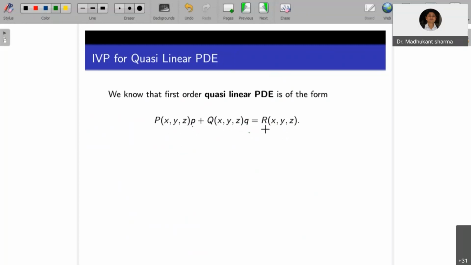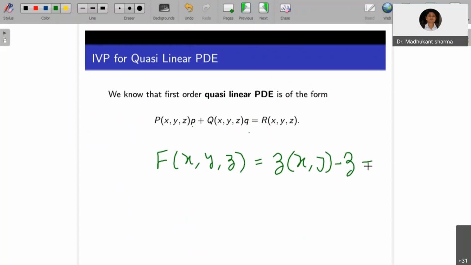Okay. So now first, suppose you have the solution. The solution is an integral surface which is given by f of x comma y comma z equals 0. We can write it as z of x comma y minus z equals 0.